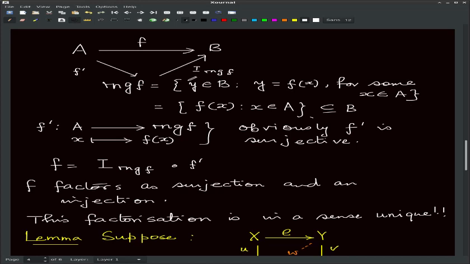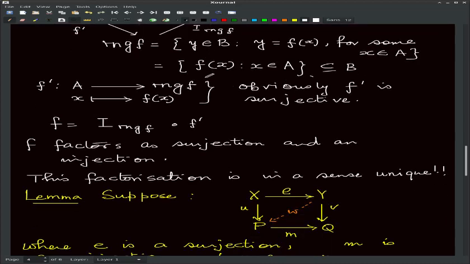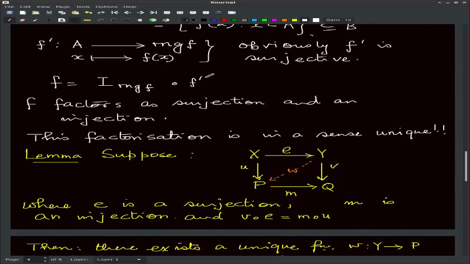Therefore, for this inclusion function, I explicitly used the elements. Otherwise, I have utilized nothing else but equations and equations, just functions. There is no explicit use of how this function e, this function u, or v or m looks like.